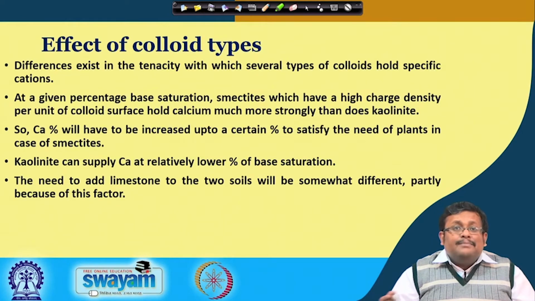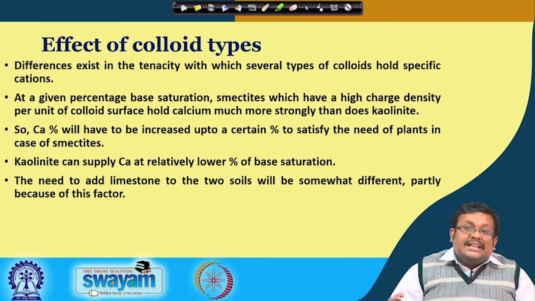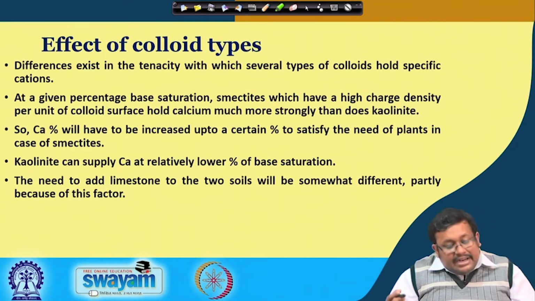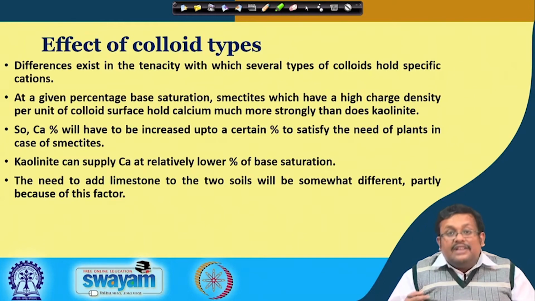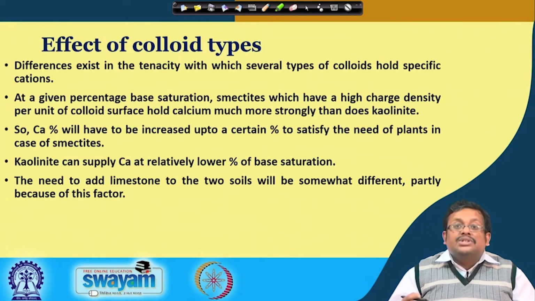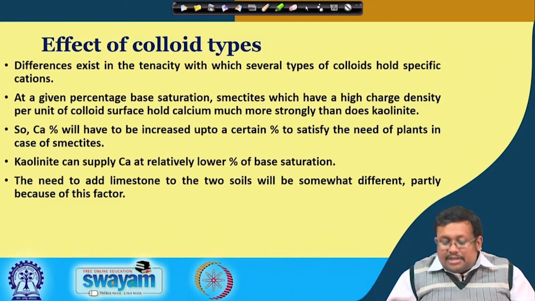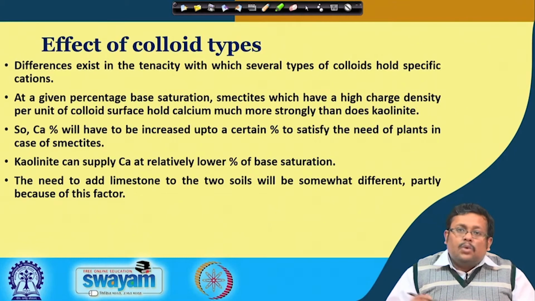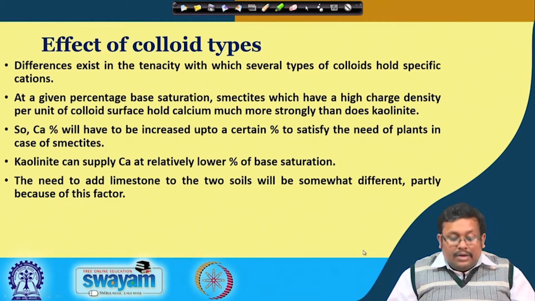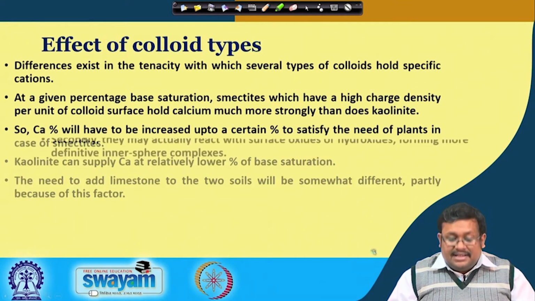So calcium percentage will have to be increased up to a certain level to satisfy the need of plants in the case of smectites, while kaolinite can supply calcium at a relatively lower percentage of base saturation. Obviously, the need to add limestone to the two soils will differ, partly because of this factor. We will discuss why we add limestone when we discuss soil acidity.